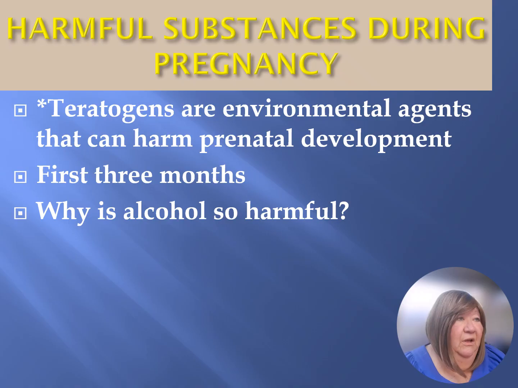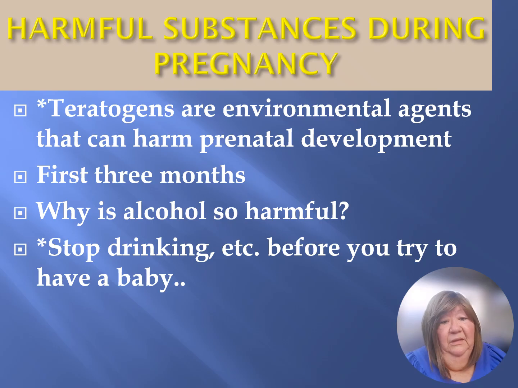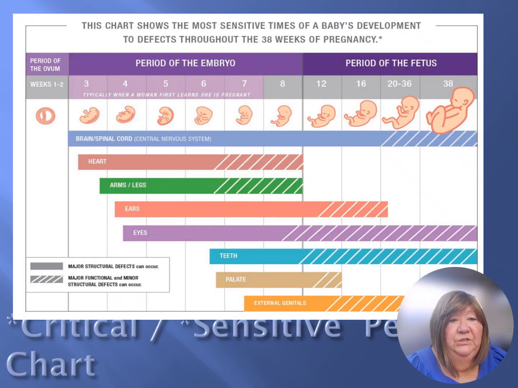Again, why is alcohol so harmful? Some people like to do the weekend drunk thing, and if they're pregnant, that all goes through to the baby. So my suggestion, doctor's suggestion, stop drinking before you try to have a baby. Not just drinking, but other things too.